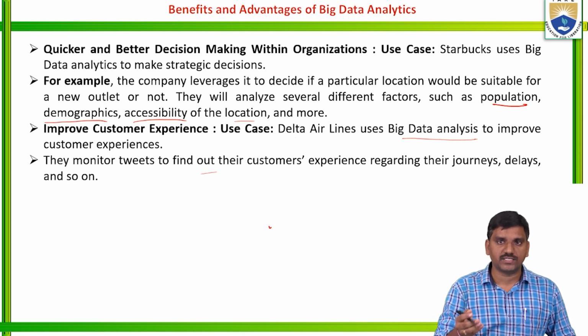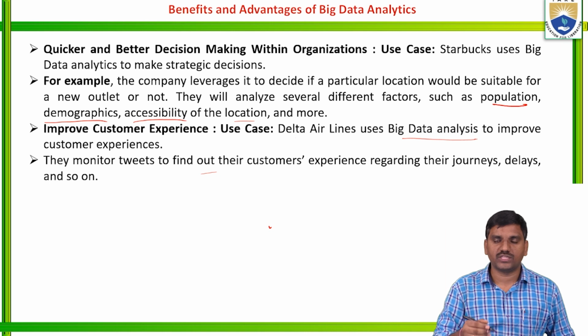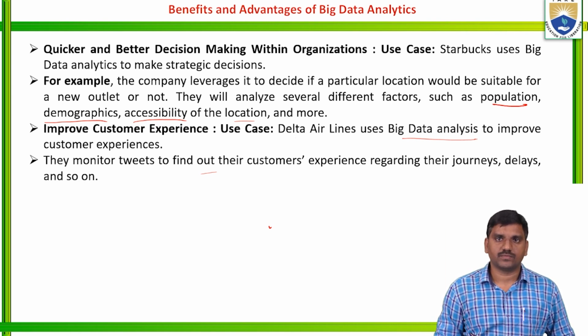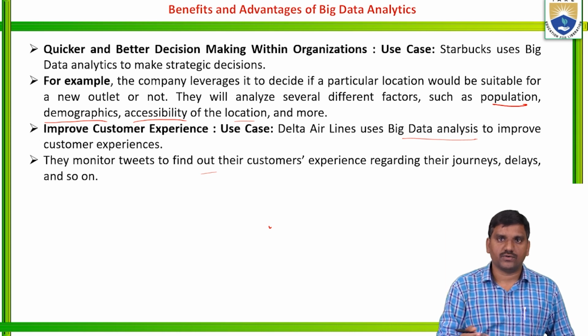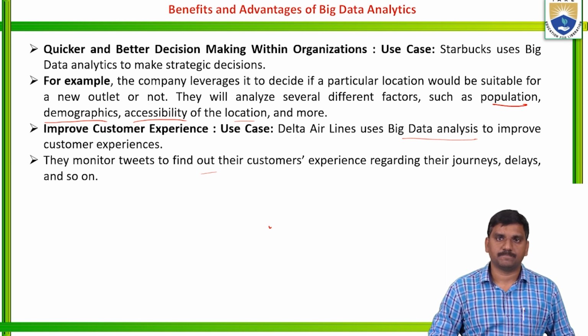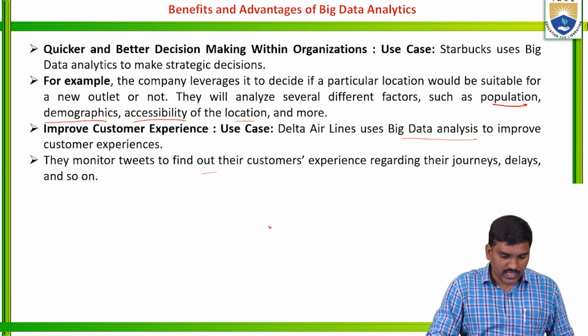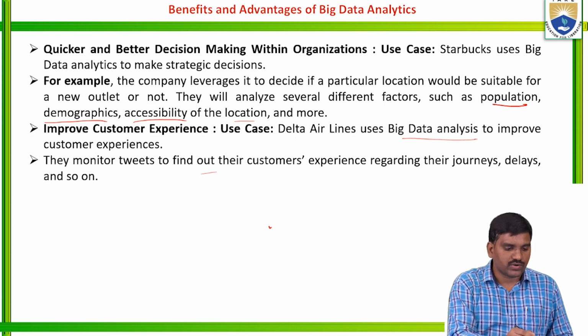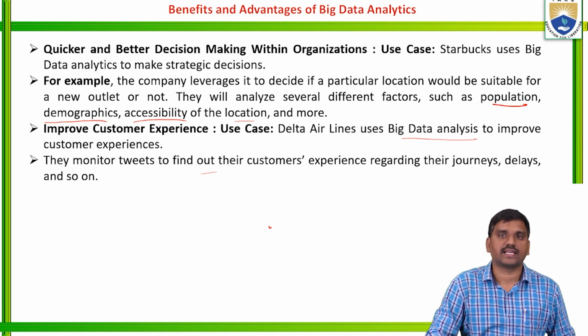Just rate your experience in terms of 3 to 5 questions: what type of experience you had with the product, whether the delivery person used fluent language to speak with us, and so on. They can take the feedback from the customers. So this is one advantage of big data analytics: improving customer experience, and quicker and better decision making within the organizations.